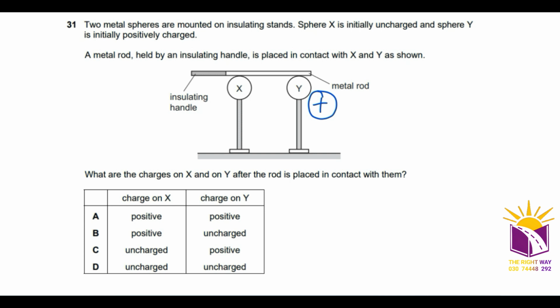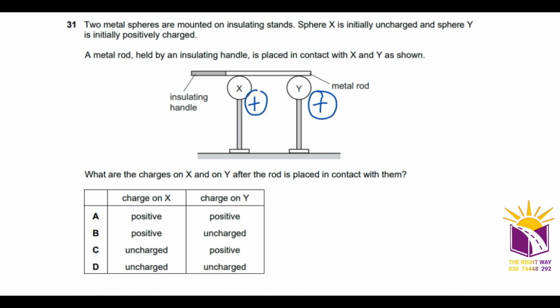X is uncharged, Y is positively charged, so the electrons from X will move toward Y. When electrons move toward Y, X becomes positively charged, and Y, which is positively charged, gains electrons, and some of its positive charge is removed, or we can say shifted toward the X metal sphere.